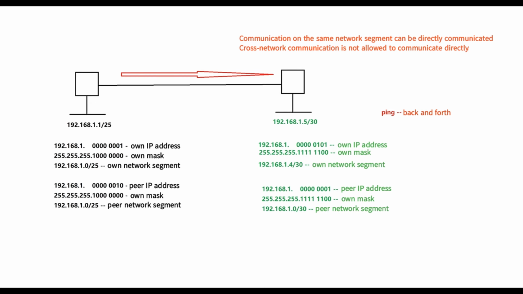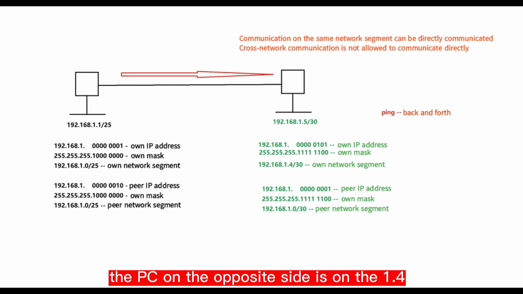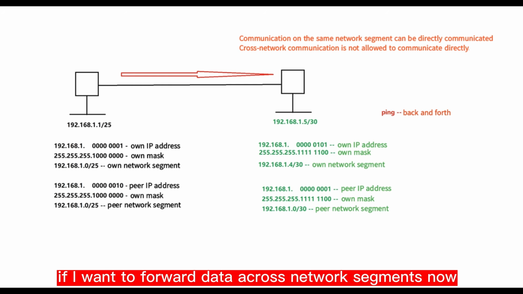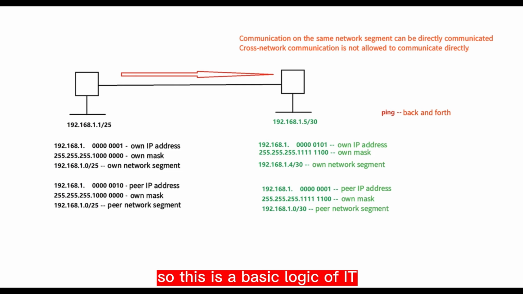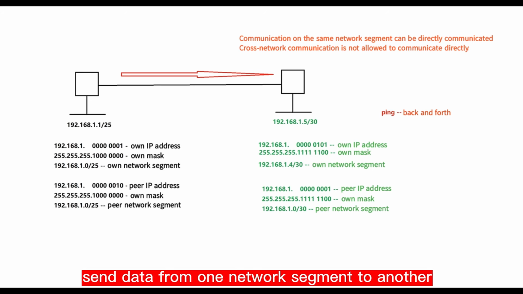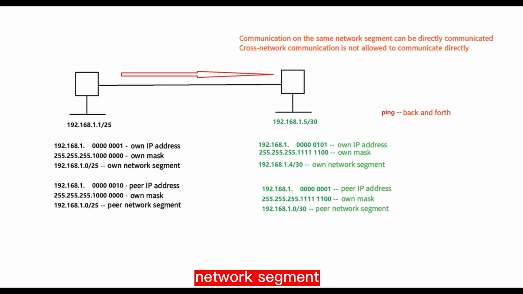For example, this PC is now on the 1.0 network segment, and the PC on the opposite side is on the 1.4 network segment. If I want to forward data across network segments now, then the router in the middle acts as a gateway. At least it needs to know the information on both ends. So this is a basic logic of it. And a device acting as a gateway like this must have the ability to forward across network segments, sending data from one network segment to another.